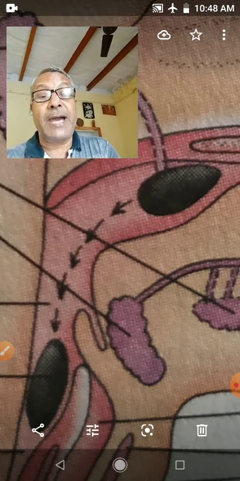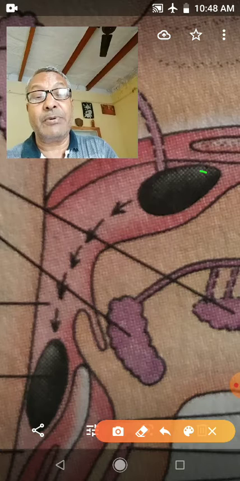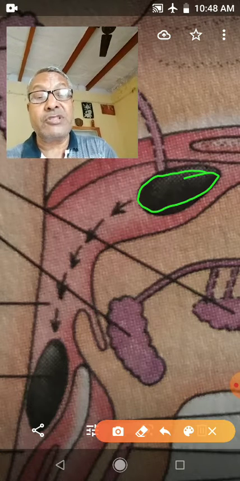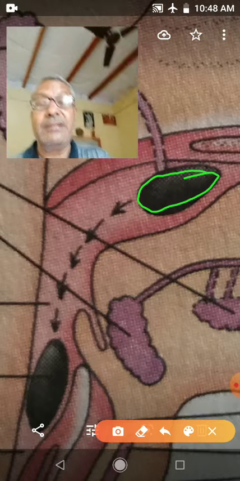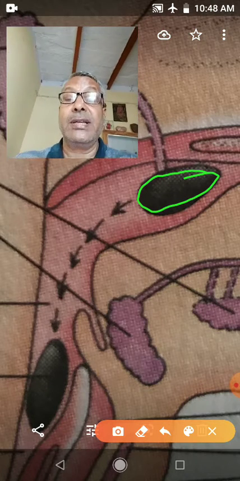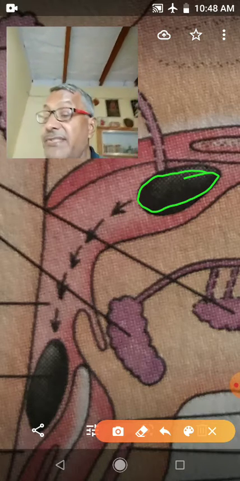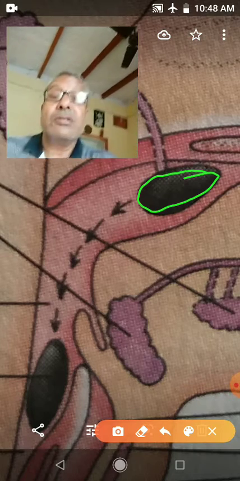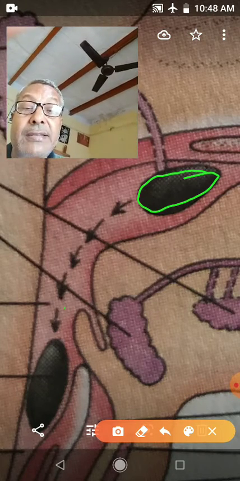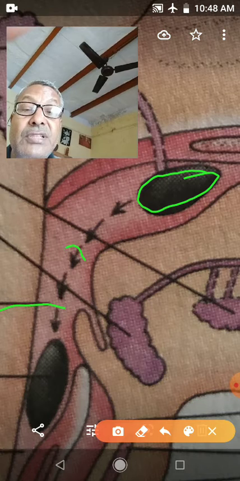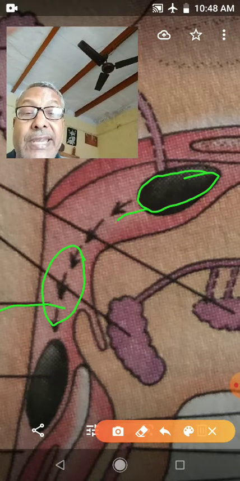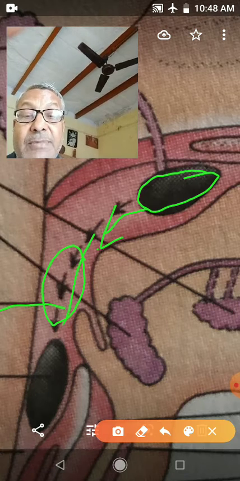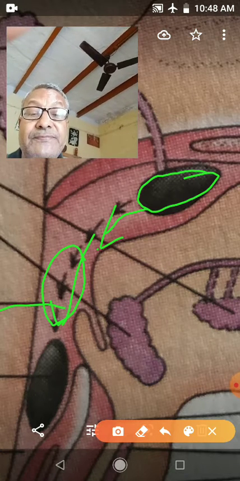After that, in the form of a bolus, it is pushed back, and when it is pushed back, it will pass into the pharynx. This portion is the pharynx, and these arrows indicate that food is coming into the pharynx.